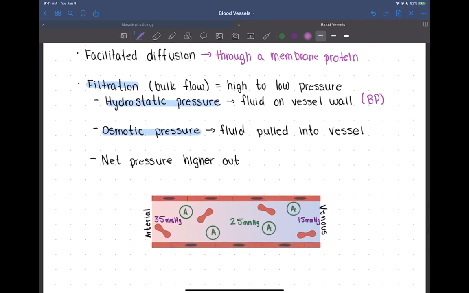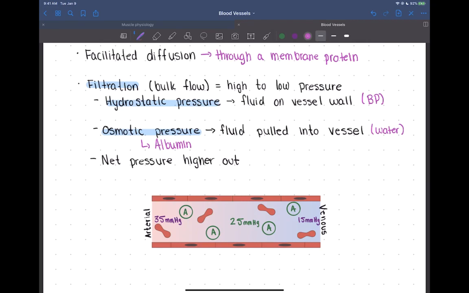That's going to be our kind of filtration force out of the capillary. Okay, then we have osmotic pressure. This is the pressure pulling water into the blood vessel. So specifically, osmotic means we're pulling water in. Okay, and this is going to be associated with that plasma protein, albumin. Remember, albumin is like a sponge, always sucking water towards itself, and that albumin is going to be in the blood.